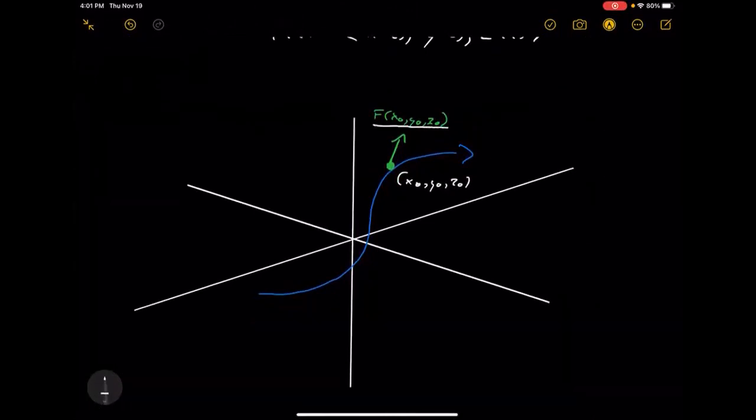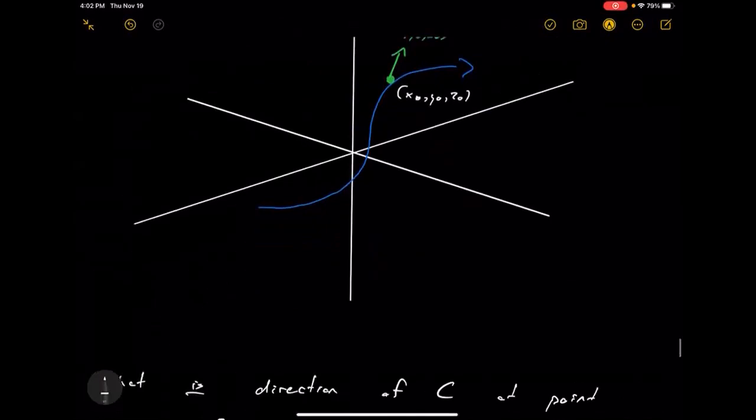Say I plug the point x0, y0, z0 into my vector field, my function R3 to R3, and I get that green vector. At this point, my output is pointing off in this direction. How much of that green arrow is pointing along the curve?